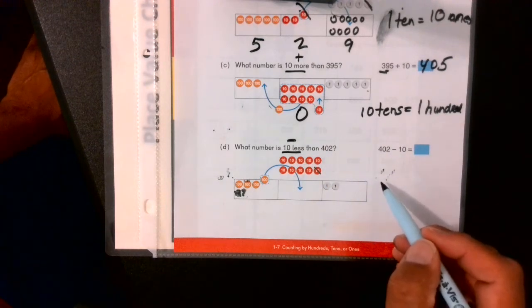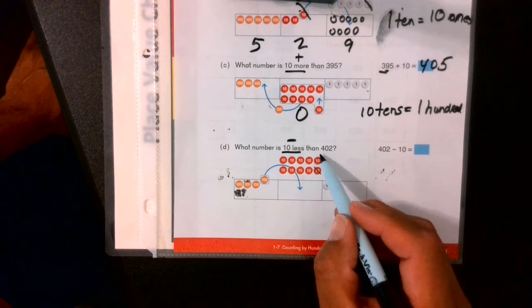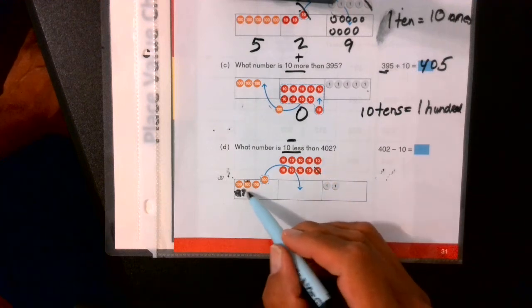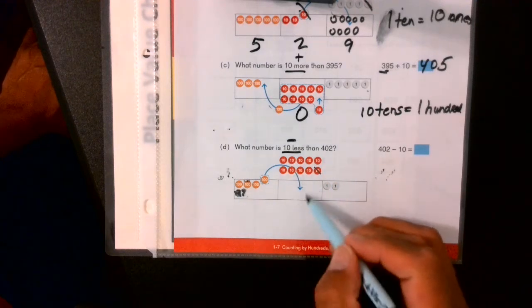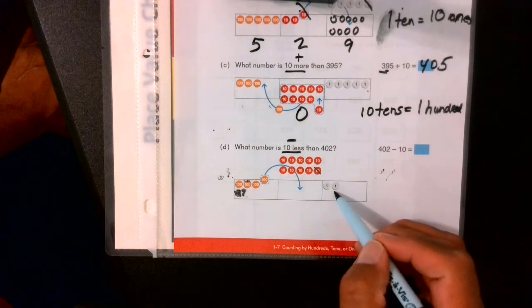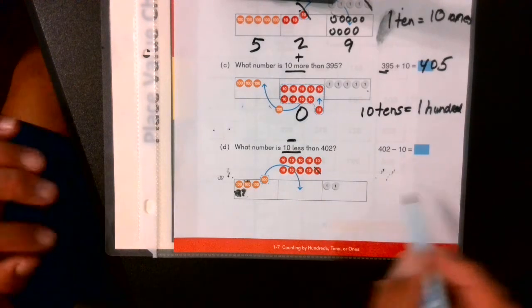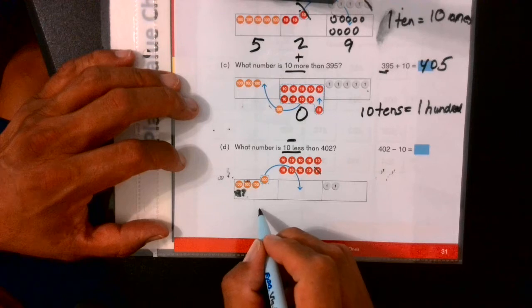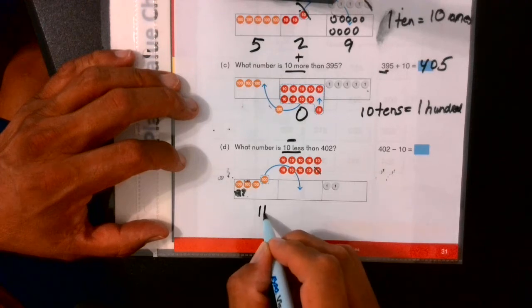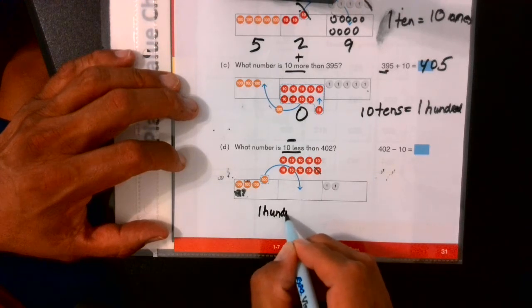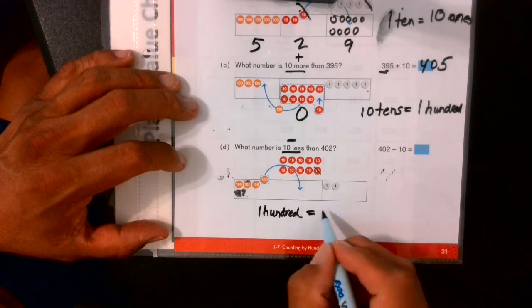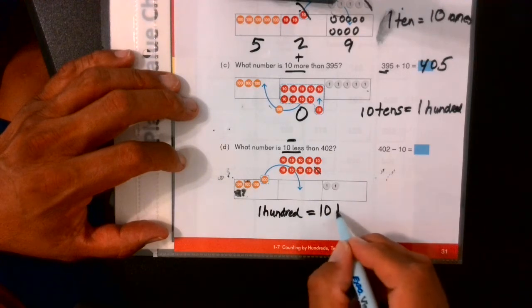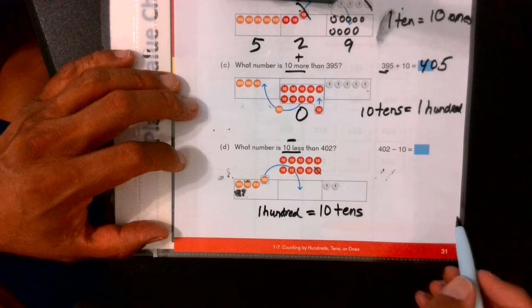So now if we look at this, 10 less for 402. There's 400, and there's 0 here, and there's 2 ones. So what am I doing? I'm going to convert. I got to take 100 disk equals 10 tens.